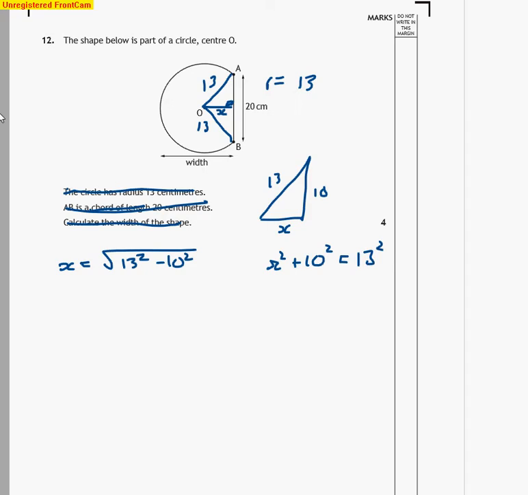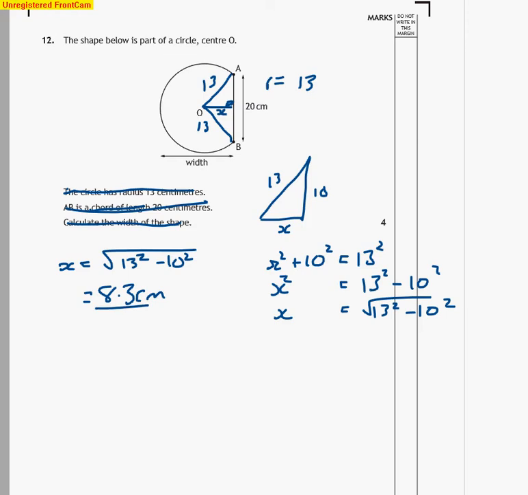So I've moved that over and square rooted. x squared is equal to 13 squared minus 10 squared, so x is the square root of 13 squared minus 10 squared. On the calculator, that's coming out as 8.3. Just double check that. Yep, so that's 8.3 centimeters.